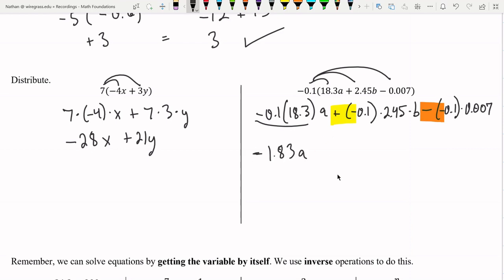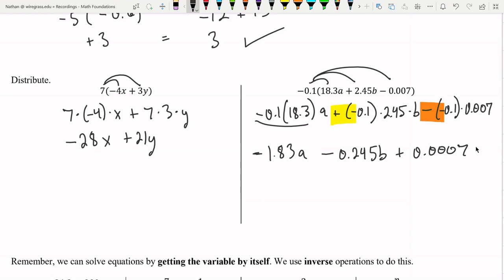And the a is just strung on there. This is negative 0.1 times 2.45 is 0.245. And b is just tagged on there in the end. And this is positive here. This is going to be 0.1 times that. It's going to be 0.0007 as a result.